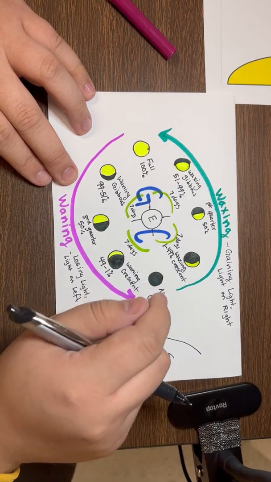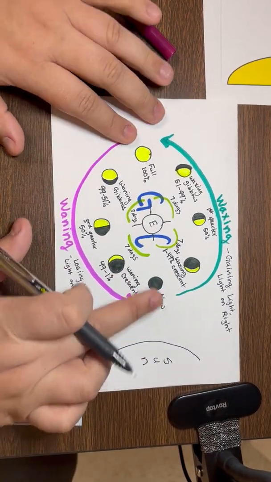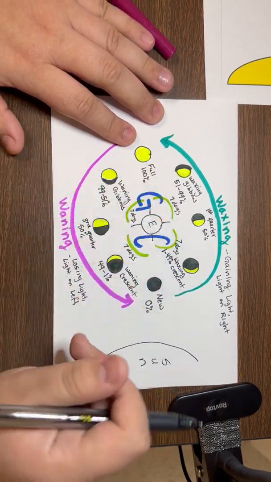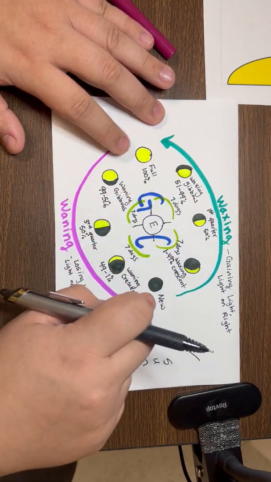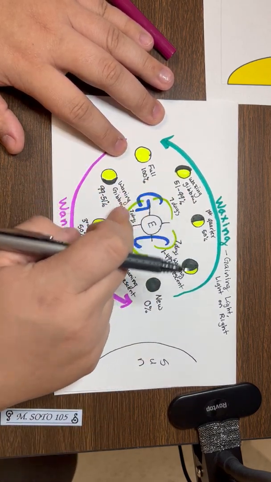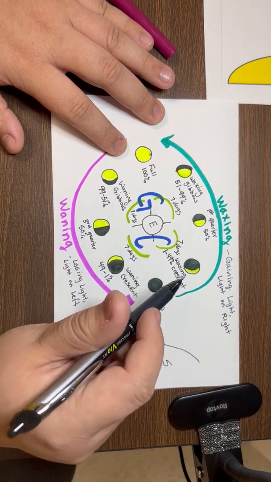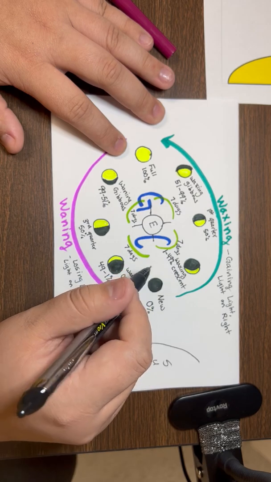So if we ask you how many days are between a new moon and a full moon, you're going to add those two numbers up and you're going to get 14. If we ask you first quarter to a new moon, you're going to add up those 7s and you would get 28. Or no, sorry, 21.